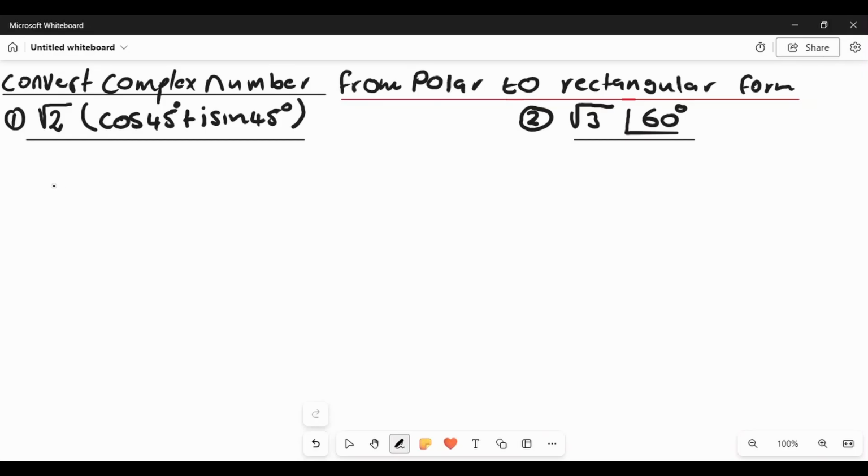We have the square root of 2 multiplied by cos 45 plus imaginary sine 45. This here is another notation of the polar form. In order to change this to rectangular, you just have to use your calculator. The modulus, which is root 2, you just write as root 2.